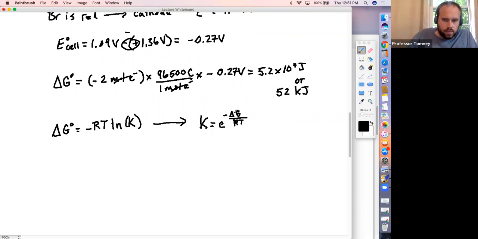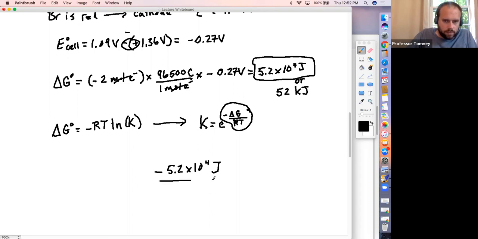Let's first set up what this exponential term would look like. We're going to want to keep it in joules, not kilojoules, and the reason for that is that the R value contains joules. So we need to have canceling of values when we set this up. The delta G in joules was 5.2 times 10 to the 4th, so I'll start with that. I'll say negative 5.2 times 10 to the 4th joules.